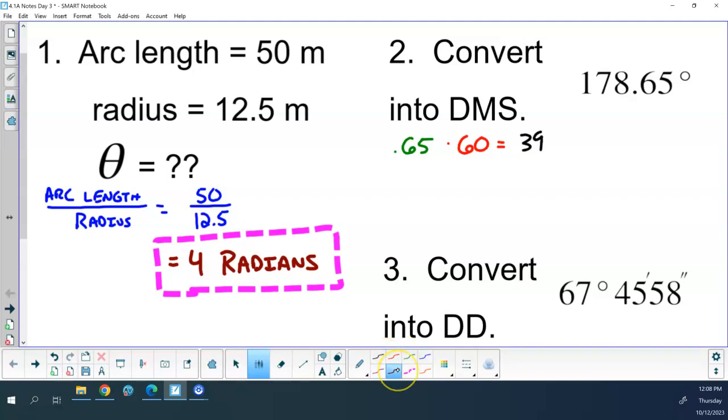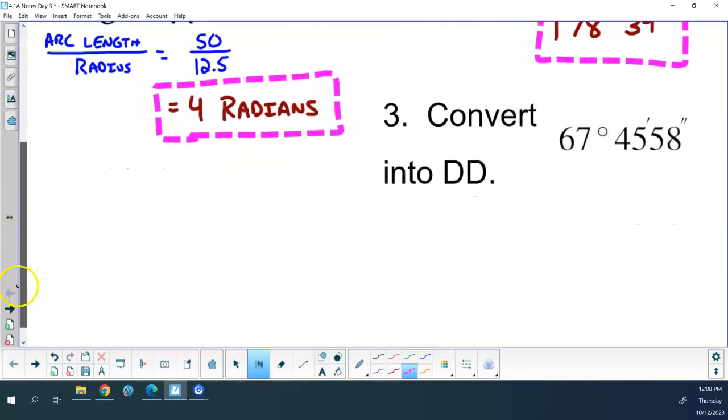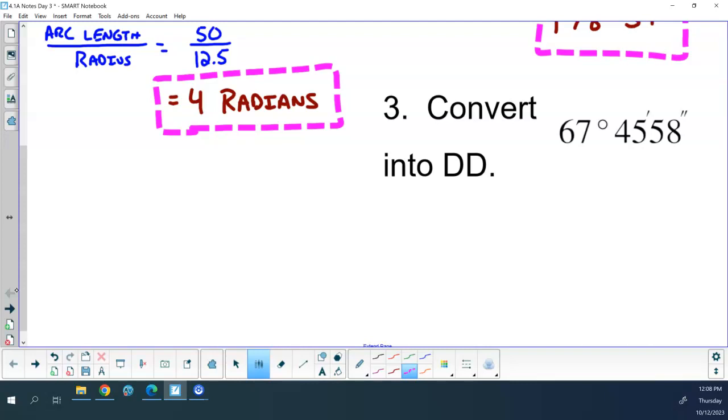So that tells me then that this is 178 degrees, 39 minutes. Those of you that weren't here yesterday because of PSAT, that video is posted on Canvas for you to watch and learn how to convert decimal degrees to degrees, minutes, seconds, or, like in number 3, convert it back into decimal degrees.